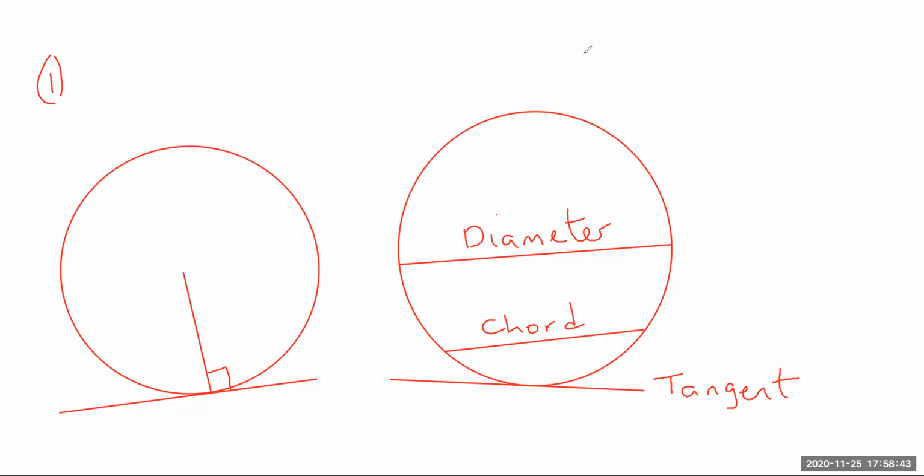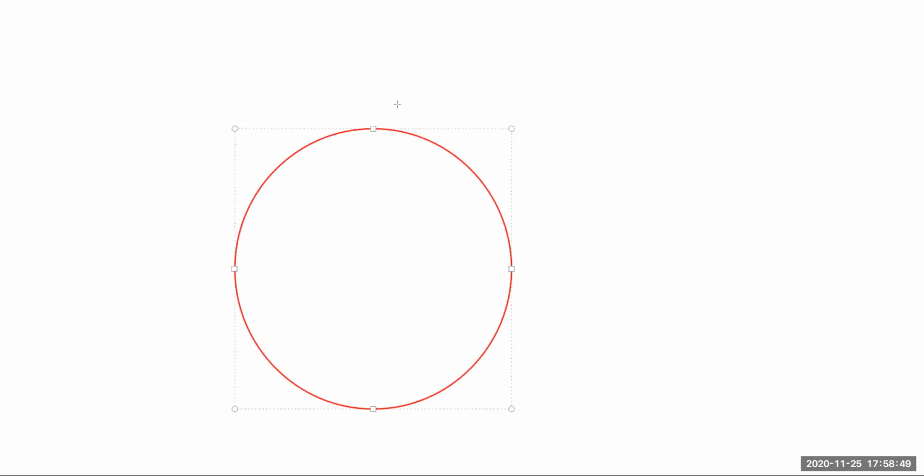Moving on to theorem 2. If we have a circle, and inside the circle we have a line connecting 2 points on a circumference passing through the center of the circle, this is called the diameter. And on either end of the diameter, a line is drawn touching one common point on the circumference.